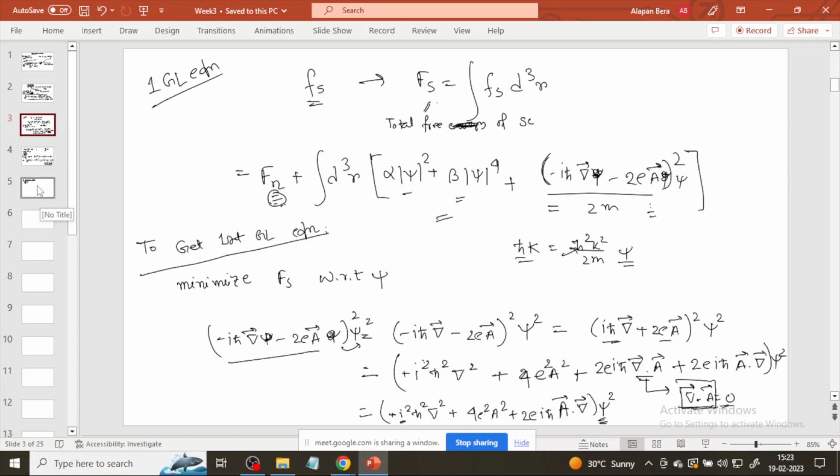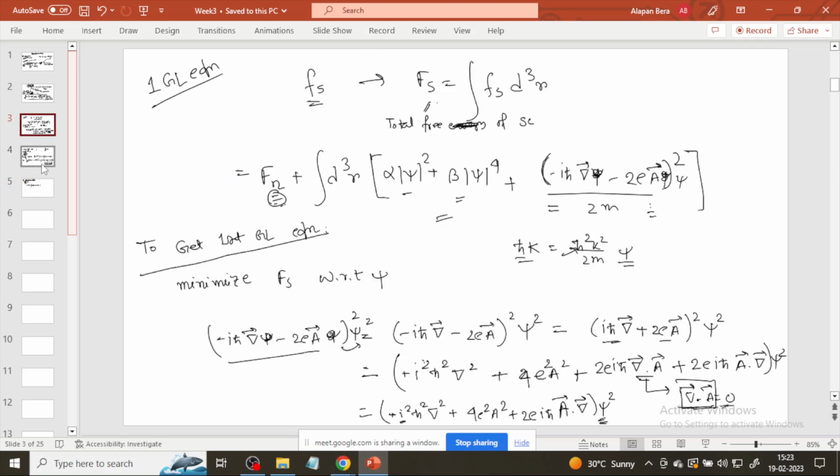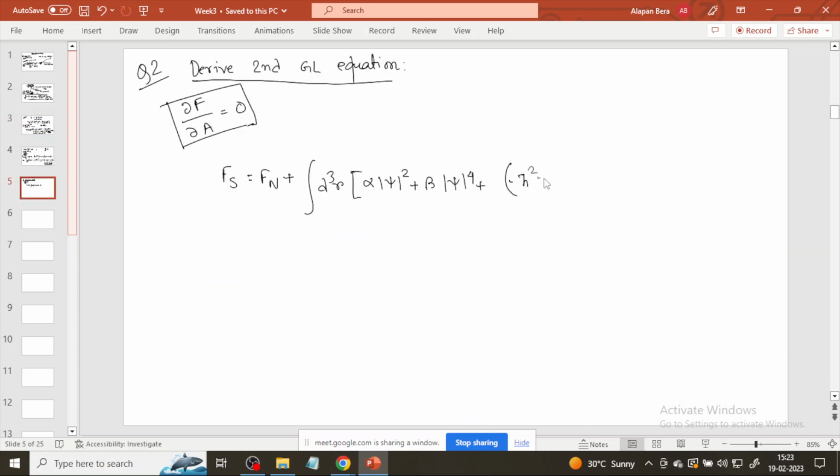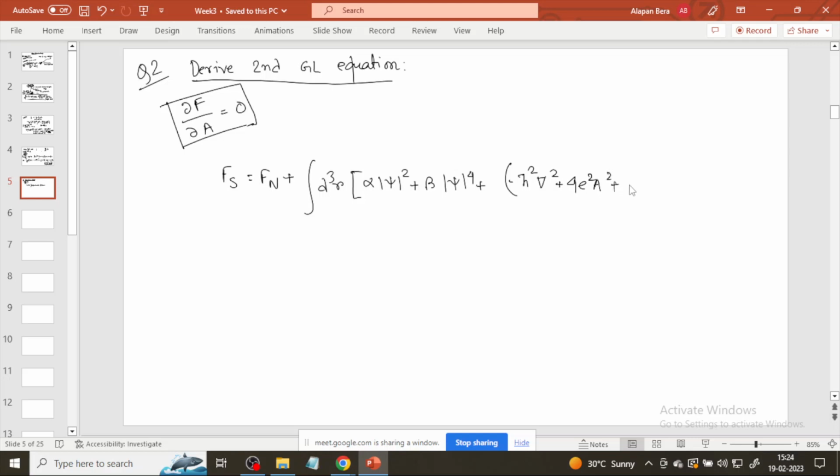The final equation can be written as Fs is equal to Fm plus... So we now have this equation, the total Ginzburg-Landau free energy of a superconductor.